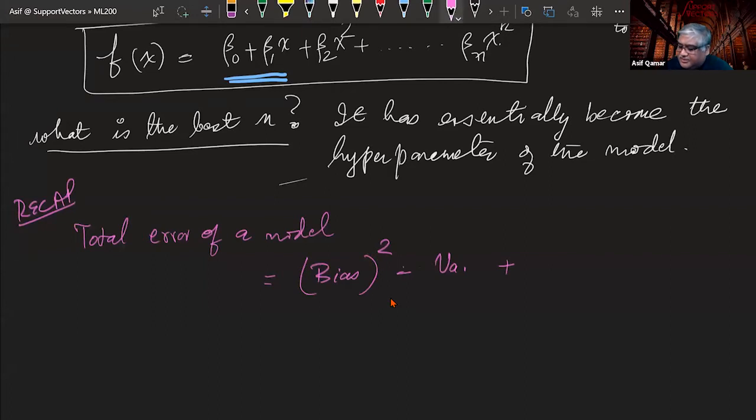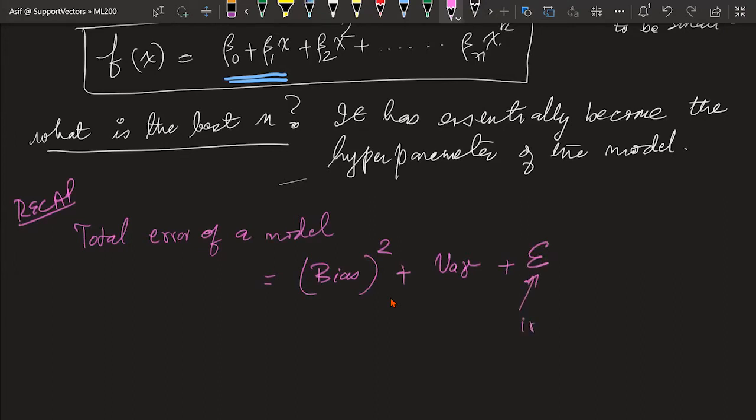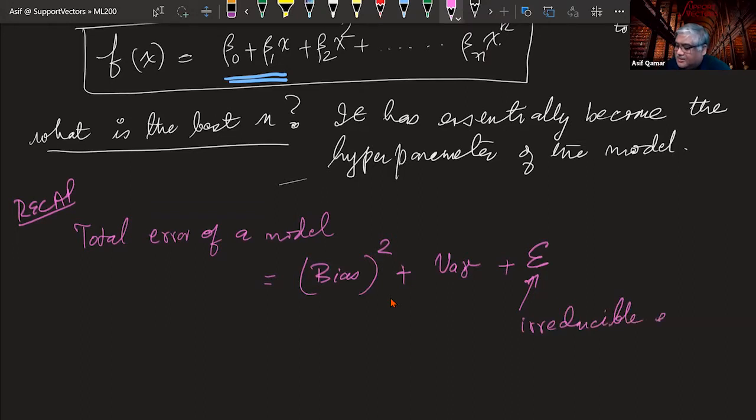The variance error plus what, guys? Do you remember? What is the other? Irreducible error. Irreducible error, right? Thank you, Kate. It captures noise as well as that which you don't know, that which the model doesn't know. So see, if you try to reduce bias, variance increases. Are we together, guys? That has been the bias variance trade-off.